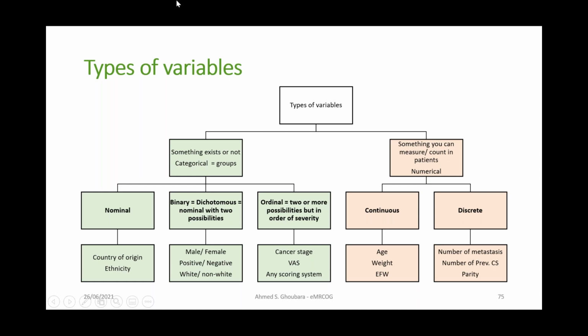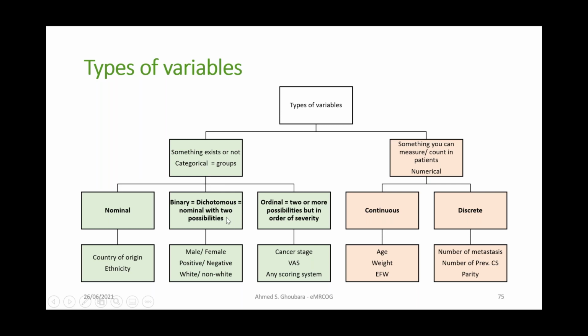Okay, let's take a very basic example of the categorical variable: male or female, or positive or negative, or white or not white. Okay, this is called categorical binary. Don't be freaking out with the name. Sometimes they're called dichotomous.